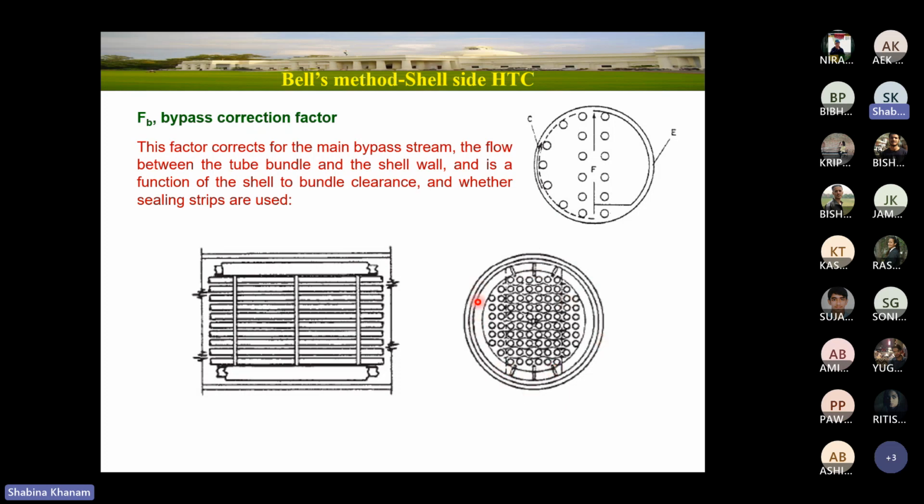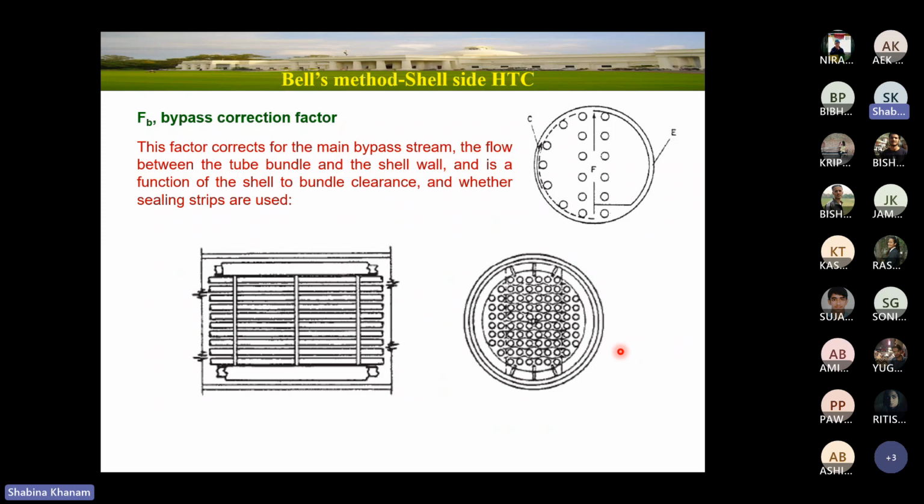Okay, however, when we consider this particular section, though clearance is also there, we are not using sealing strips, because this fluid or this section will fall under cross flow. Whatever sinusoidal movement will be there in the shell side, the cross flow zone is the zone where dead zone is least possible.